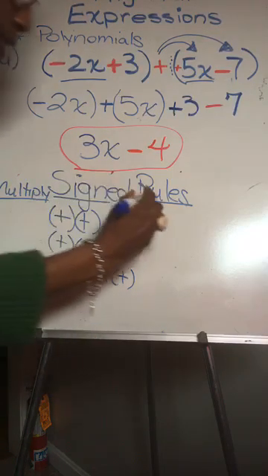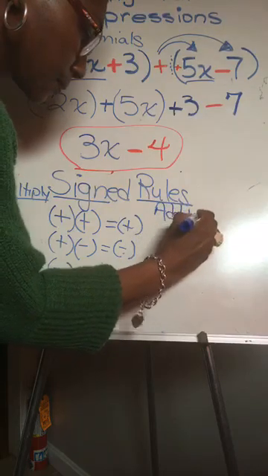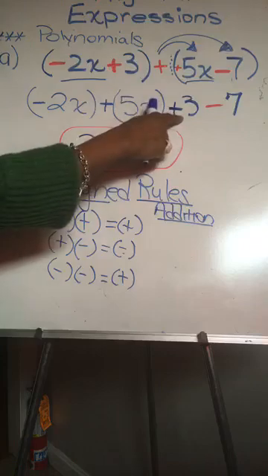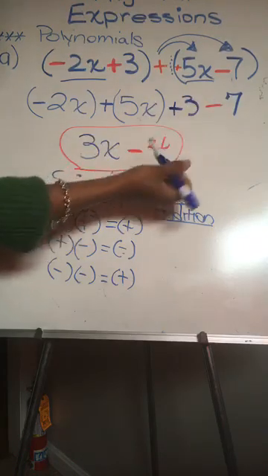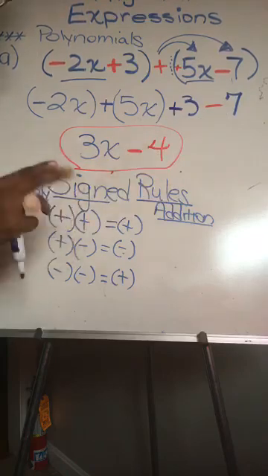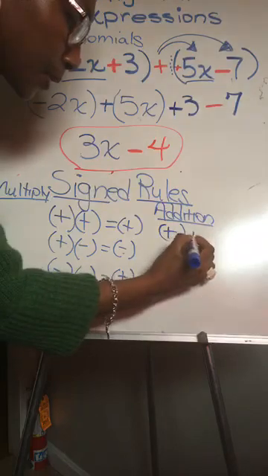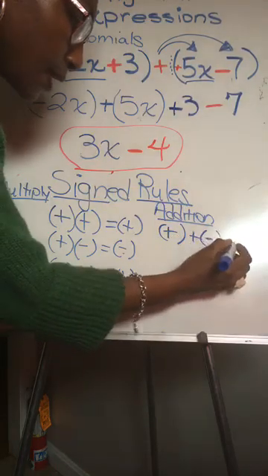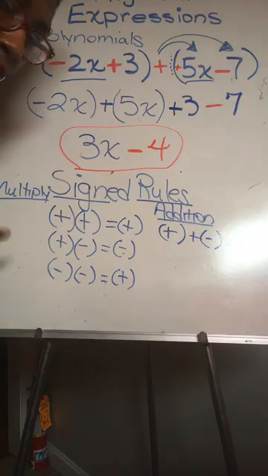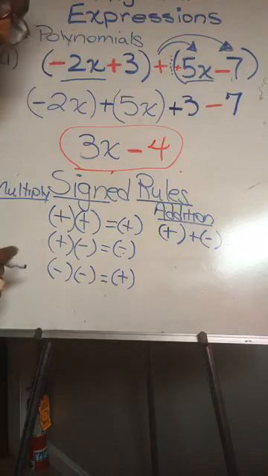For addition, when we had a positive and a negative here, a positive 3 and a negative 3, when you have two different signs, so if I have a positive plus a negative, that means you have to subtract and use the sign of the largest number.